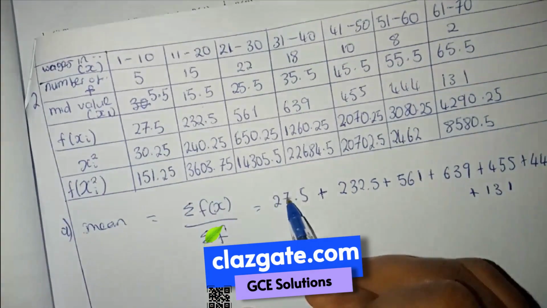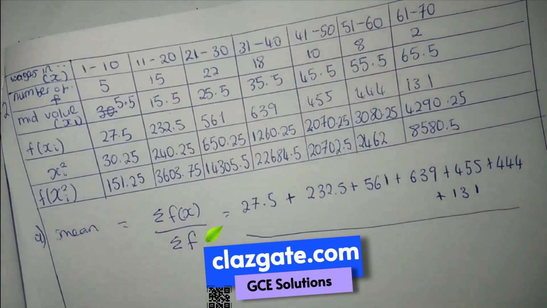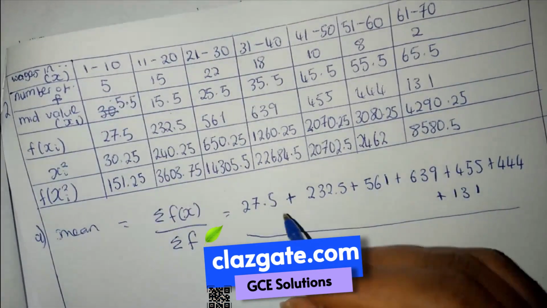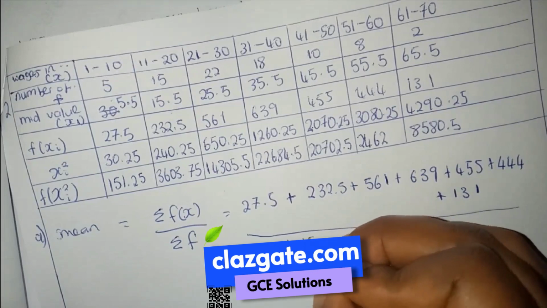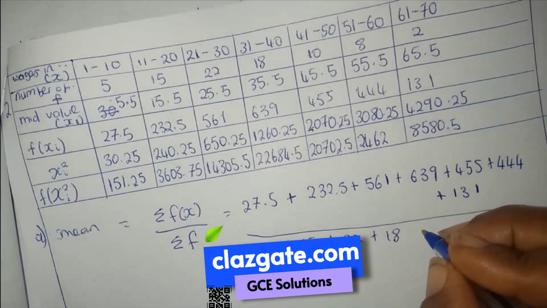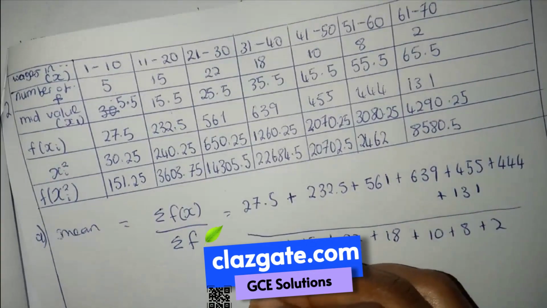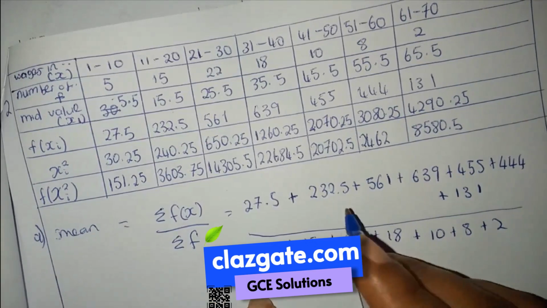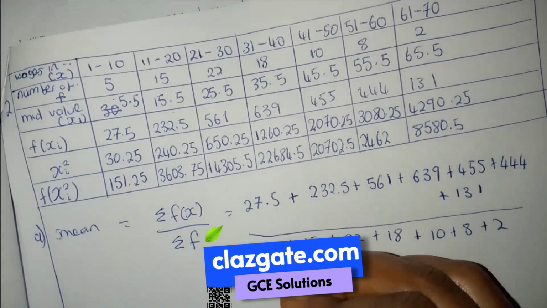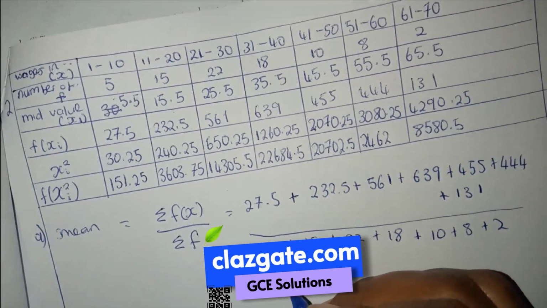That's the summation of f of x. All of this will be divided by the summation of f, which is 5 plus 15 plus 22 plus 18 plus 10 plus 8 plus 2. What's our mean? Summing the numerator, we're going to have something about 2,490.